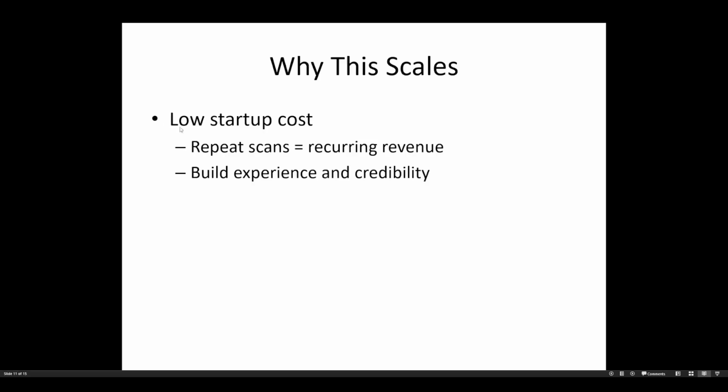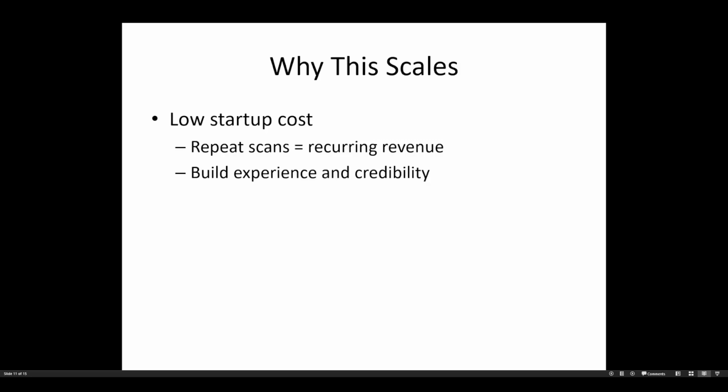But back to the subject of why this scales. You do it by yourself, and the startup cost isn't crazy. It's a laptop and the tool on the laptop, and then the other things that come before or after, making sure you have the LLC and business insurance, which I would say is important. Whatever gas money you're spending, maybe you buy some clothes to look professional, maybe a haircut.